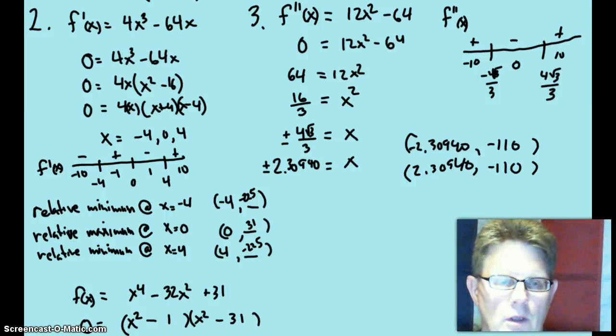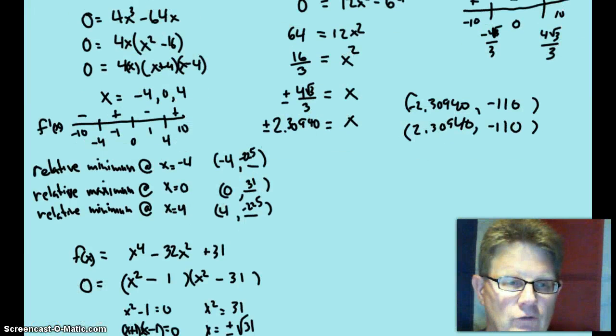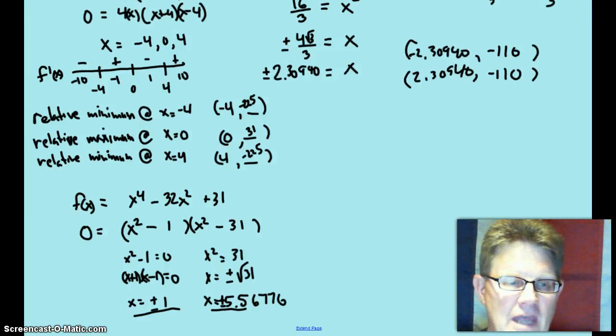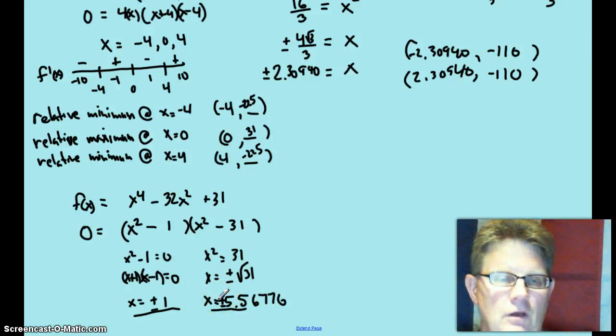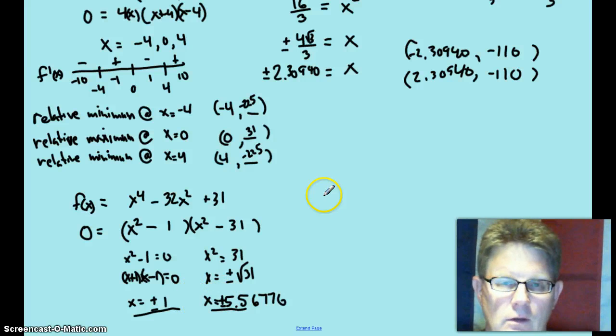Pause, please. Okay, both of those values were negative 110. And we also need to find the values at plus or minus 1, plus or minus root 31.